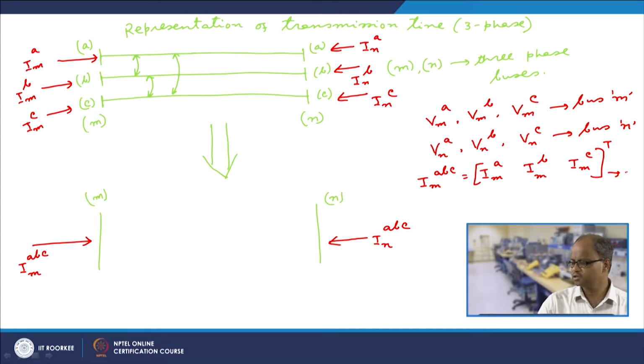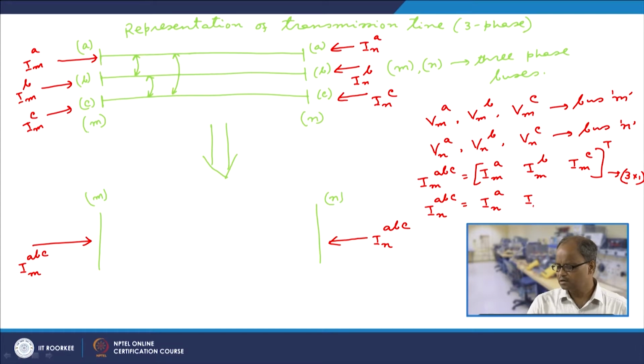So, this is essentially a 3 cross 1 vector, right. Please note that all these currents are complex quantities. Just to avoid unnecessary writing, we are not putting the bars. So, this is a 3 cross 1 current. Similarly, I_NABC is also represented as a vector [I_NA, I_NB, I_NC] transpose. This is also 3 cross 1.